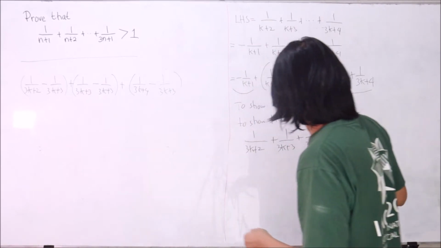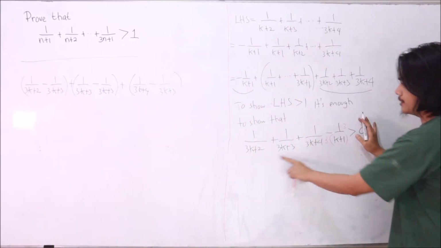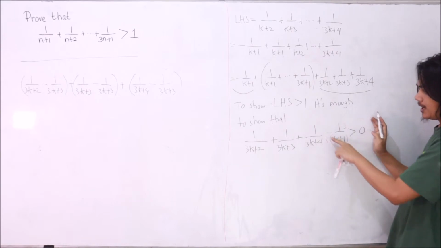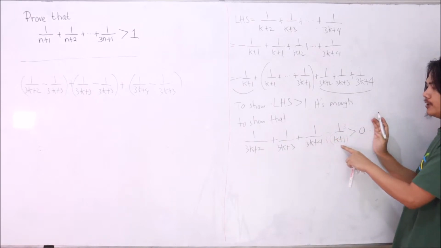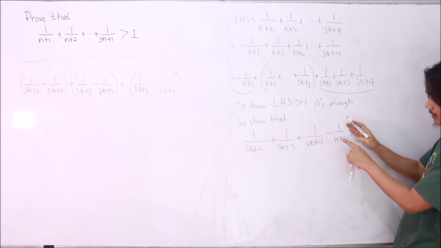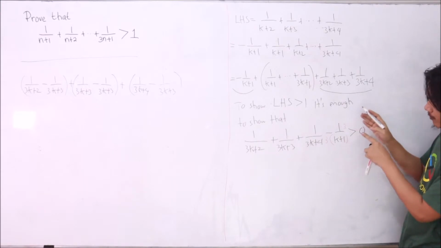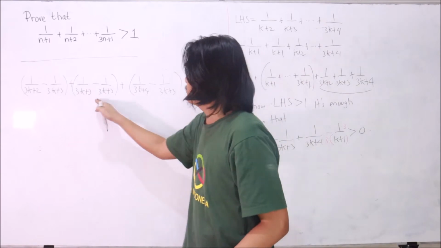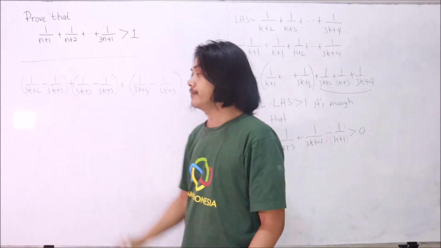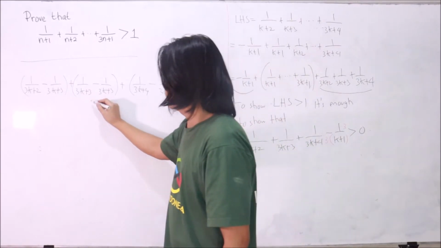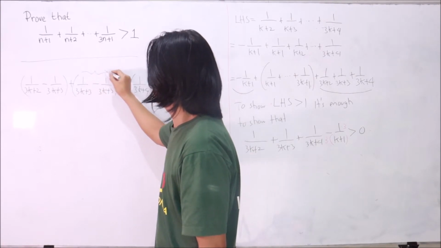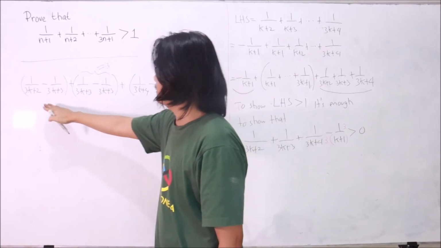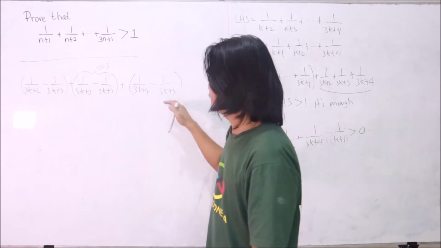Okay, so this left hand side of this inequality, because this guy is nothing but 3 times 1 over 3k plus 3, so that 3 times 1 over 3k plus 3 is split into 3 terms, right? Okay. So now this guy is equal to 0.